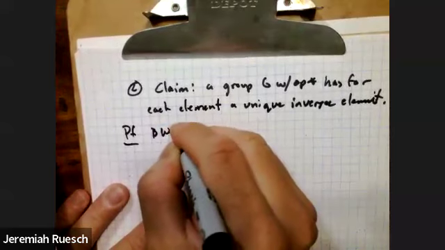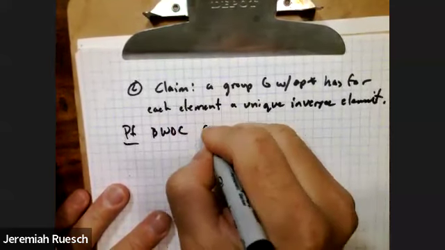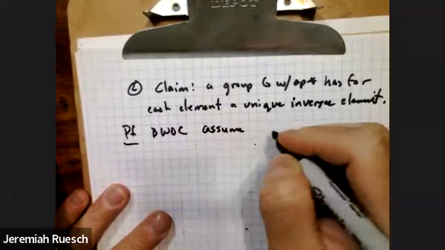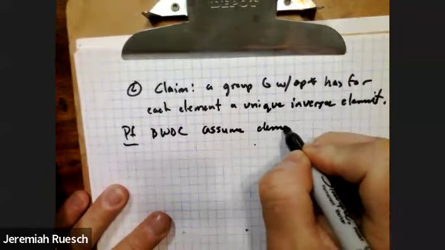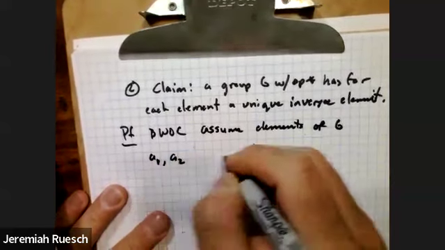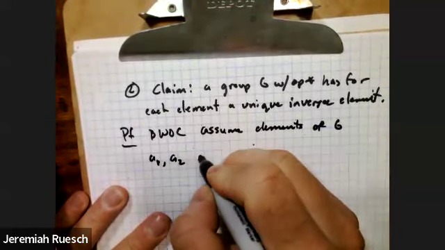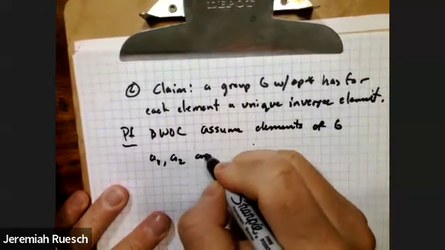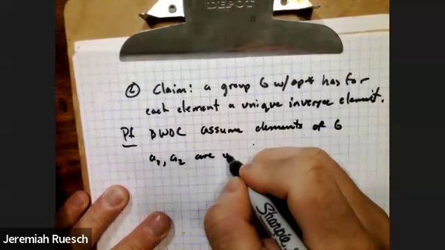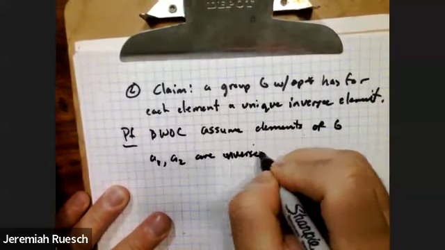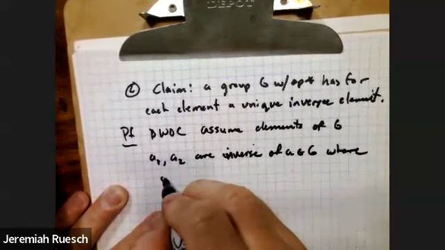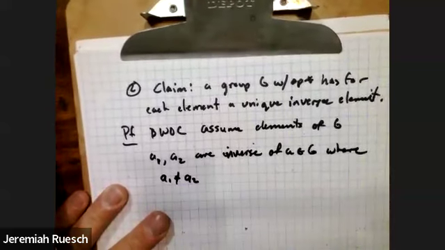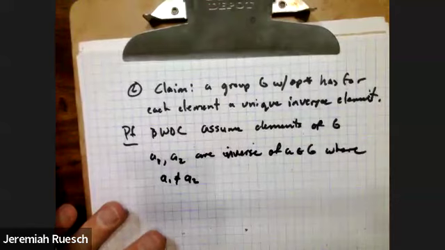So by way of contradiction, assume elements of G, a1 and a2, are inverses of an element a in G, where a1 is not equal to a2.